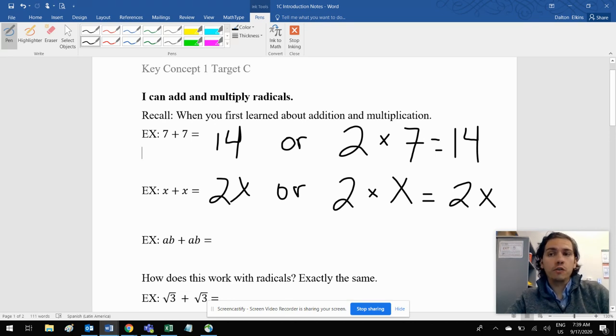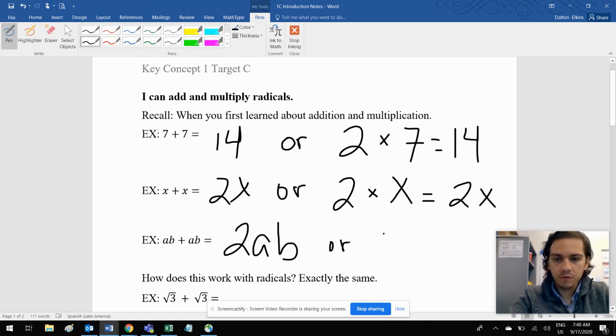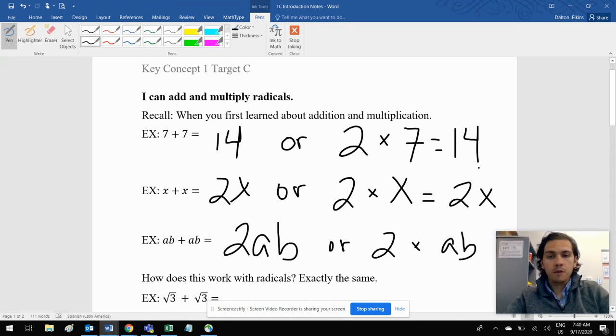And it's really understated, when you're going from first grade to third grade is right around that time. The fact that addition and multiplication are essentially the same thing is often lost in translation. So again, if I have AB plus AB, it's equal to 2AB, or 2 times AB.